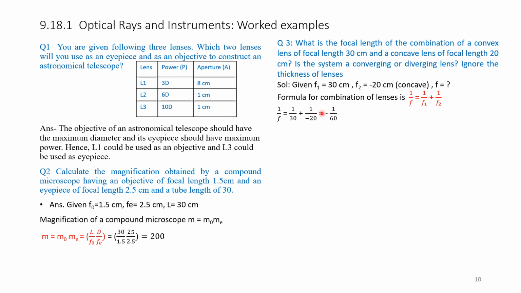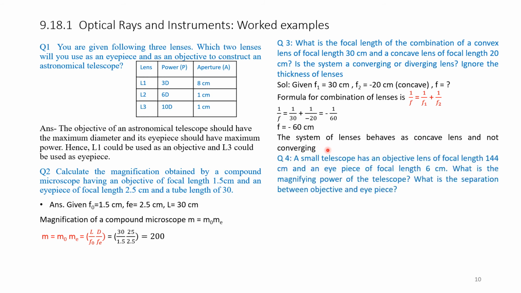So, final f is equal to minus 60. Focal length of the combination is minus 60 centimeter. Therefore, because it is minus, it is a concave lens. So, this system of lens behaves as a concave lens and not converging. Concave lenses are not converging, but diverging.